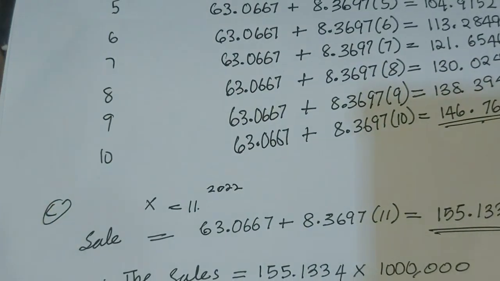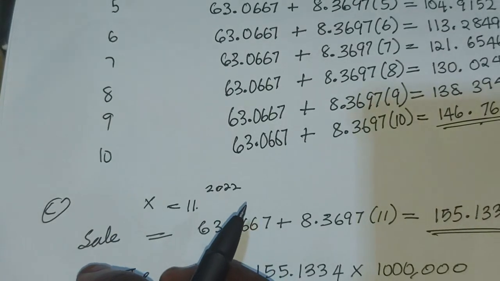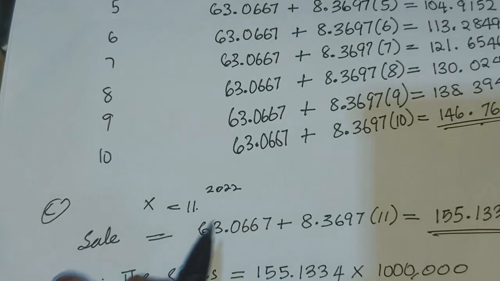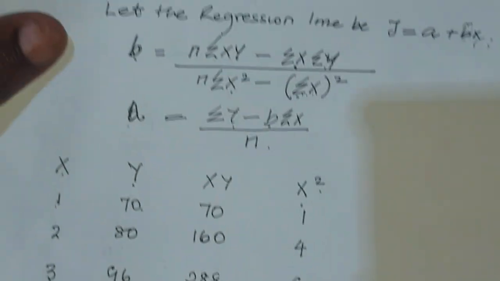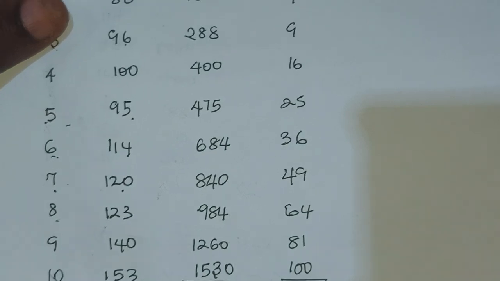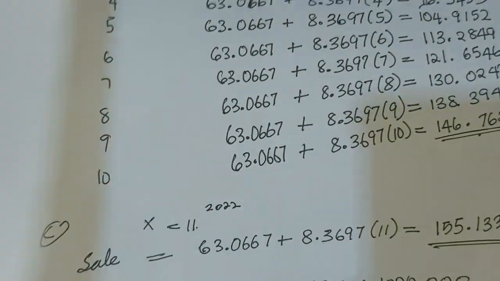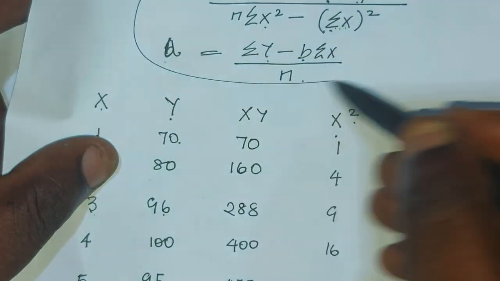Don't forget, this is the question where the trend line is not given. So if you have a question where the trend line is not given, the first thing is to determine the regression line, using this formula.